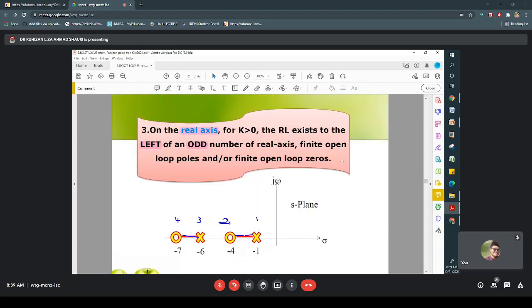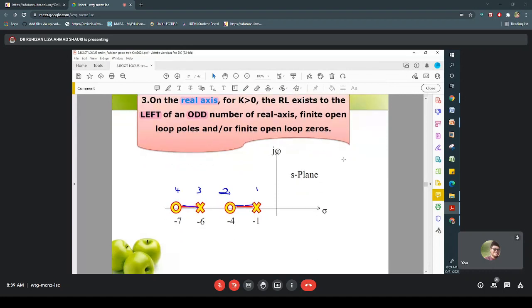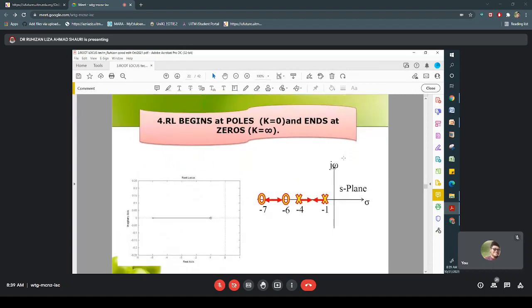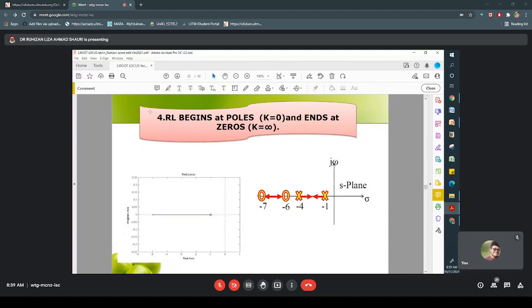So that's third. Let's look at fourth. Easy. Number 4. What does it say, guys? What does it say? Root locus starts from the pole and ends at zeros.